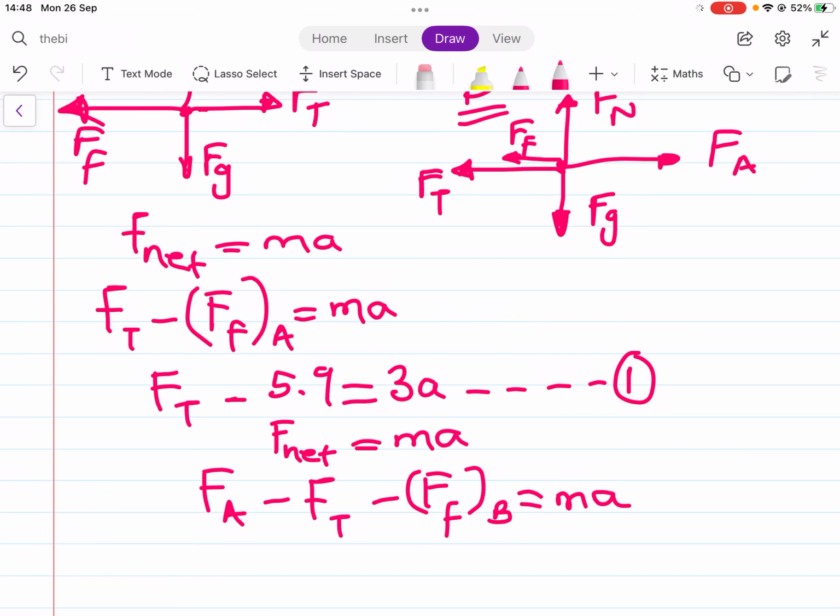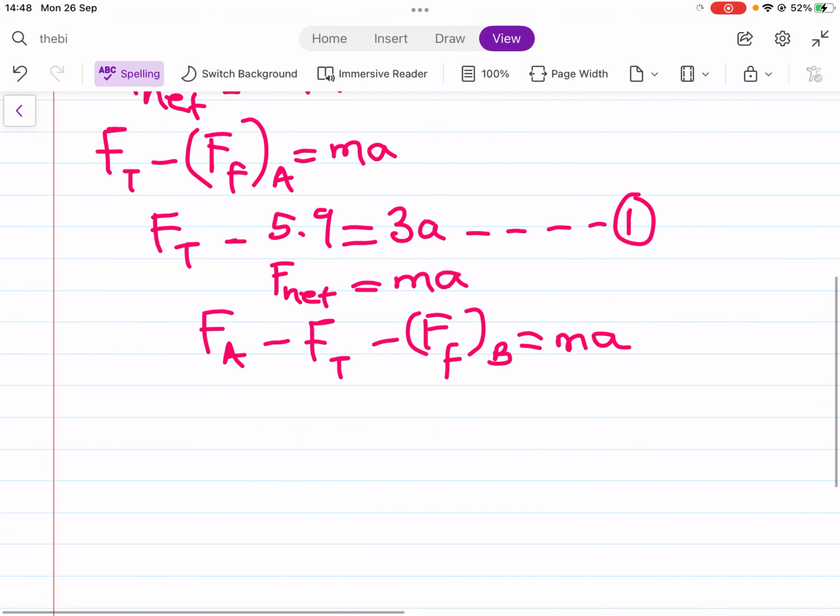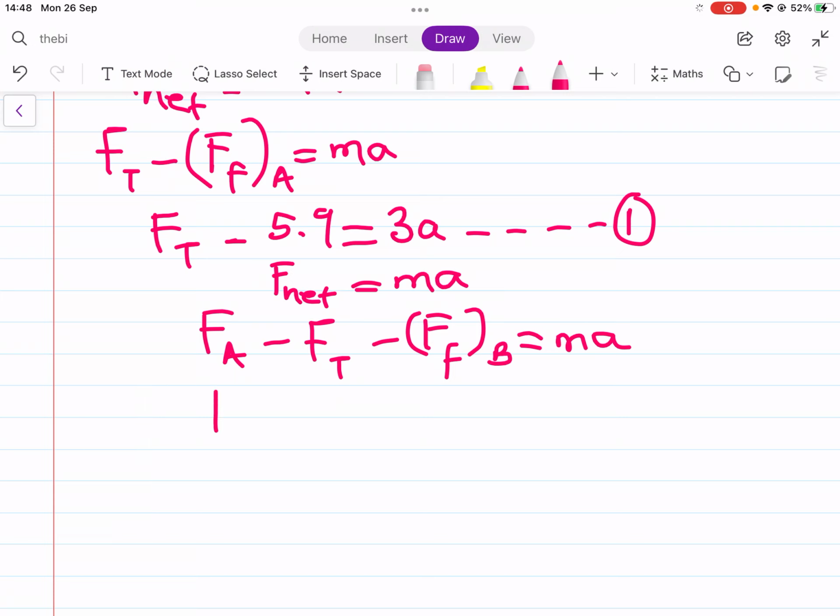So we also substitute: the applied force we were given is 30, minus tension force, minus this one we're also given, which is 4.1, equals 2a. This is our equation 2.